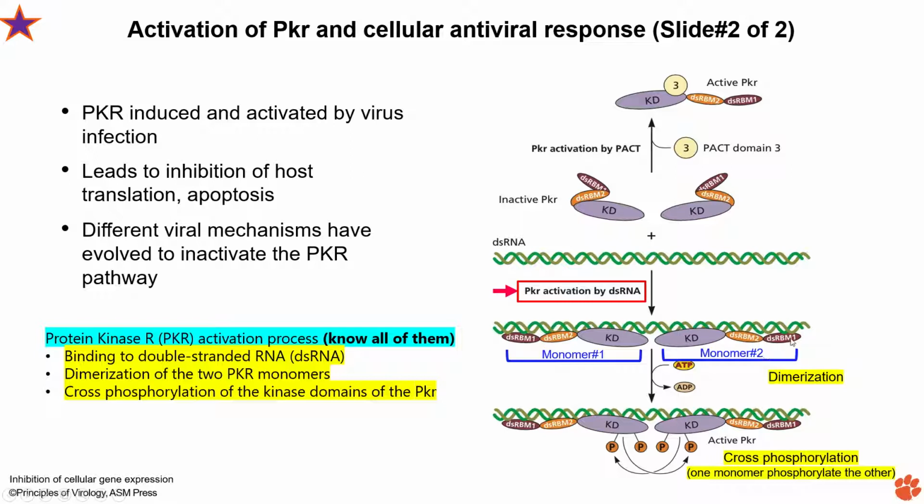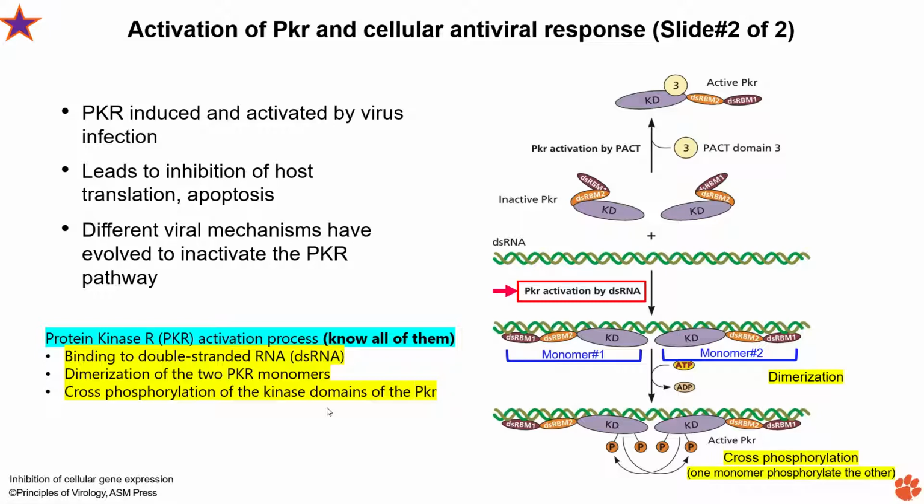So this is one piece of your PKR, and two of them need to bind next to each other. This is dimerization. Upon dimerization, they will do the cross-phosphorylation. So one monomer phosphorylates the other. This one will phosphorylate this one, and this one will phosphorylate the other one. It is not autophosphorylation. Remember, autophosphorylation would phosphorylate its own self. But here it is cross: monomer 1 to monomer 2, and monomer 2 to monomer 1. That's the process, and all of these are basically the activation process of PKR, or protein kinase R.